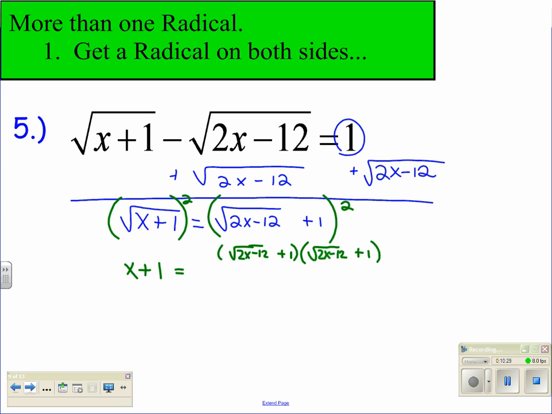Radical times radical. Those radicals will clear away each other, leaving me 2x minus 12. I'll have this one and then one from that, giving me a grand total of 2 times the radical. And then last times last will give us a plus 1.